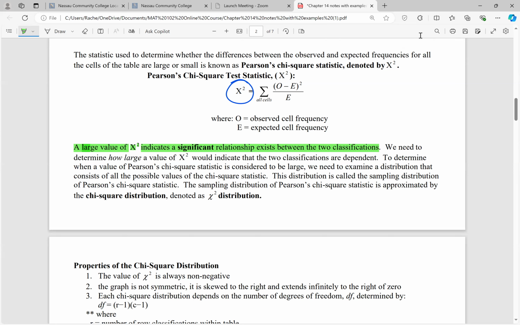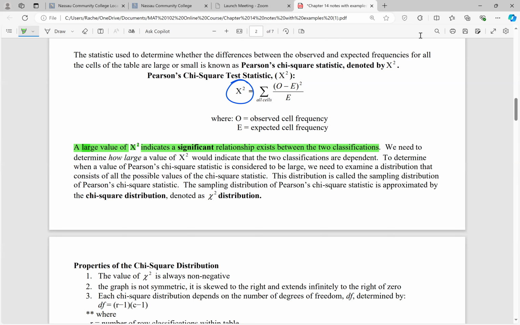Let's talk about some properties of this chi-square distribution. Since we're summing up all these squared differences, the value of chi-square is always non-negative. The graph of a chi-square distribution is not symmetric, it's skewed to the right and extends infinitely to the right of 0.